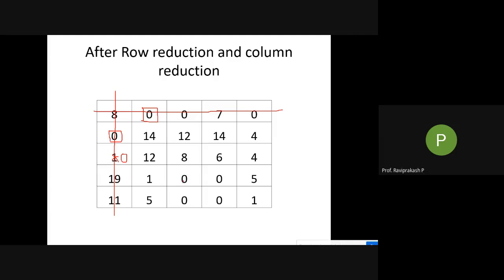See here, 1 0, 2 0, 3 0, and 4 zeros are there. We need to draw some lines so that all the zeros are cancelled and the number of lines we are drawing should be minimum.